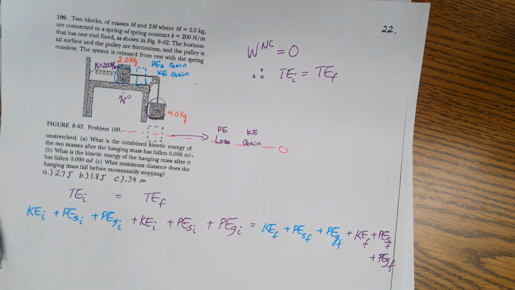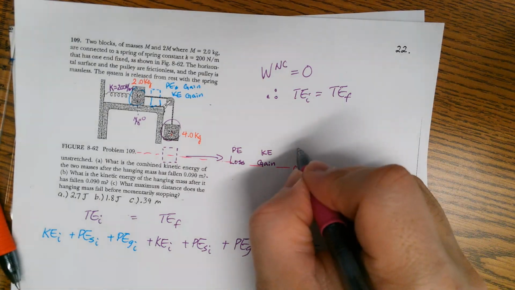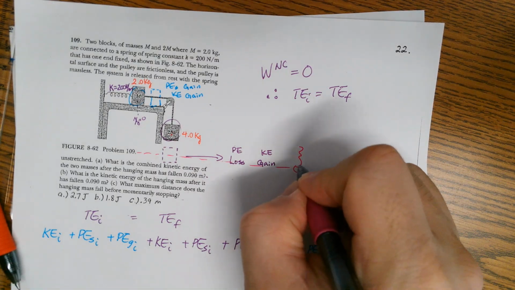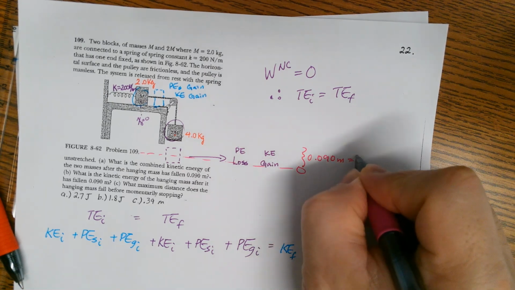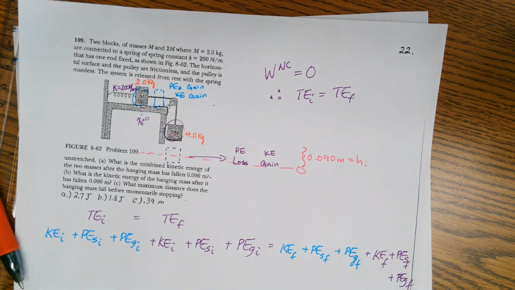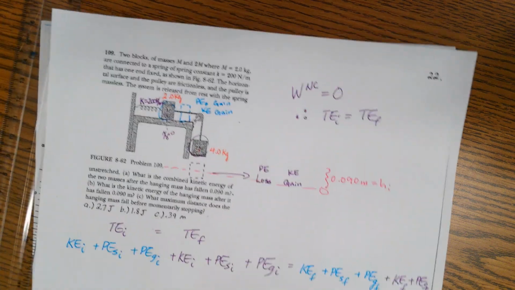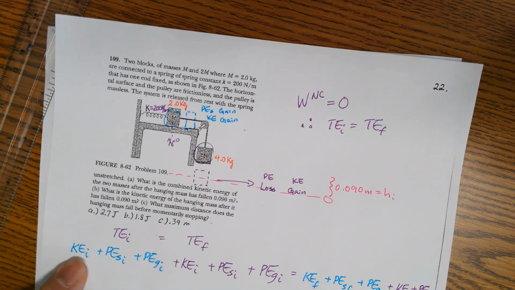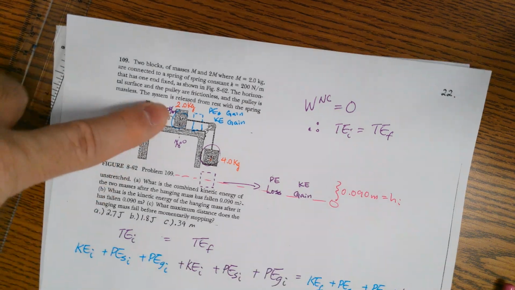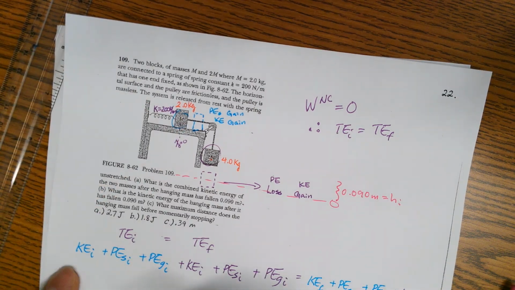So the height that it originally possesses happens to be 0.090 meters. So let's think about all those things that we possess at the beginning. Do we have kinetic energy for this block when we release it from rest?